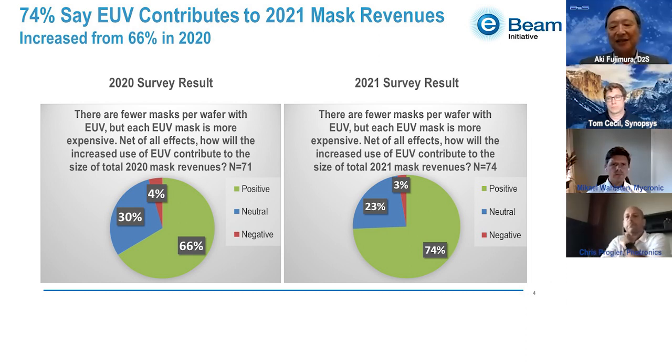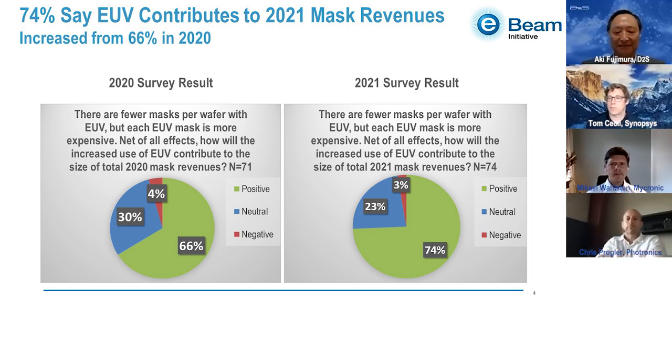In EUV, even though each mask, like the mask blank, is more expensive, the patterns that you print on the EUV today are probably simpler, but they're probably going to get more complex over time. Can you give the audience a little primer on how the different types of OPC or ILT change the complexity on the mask?